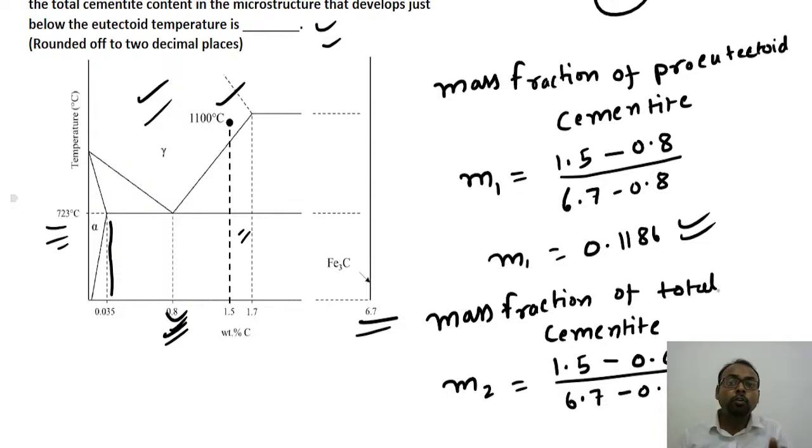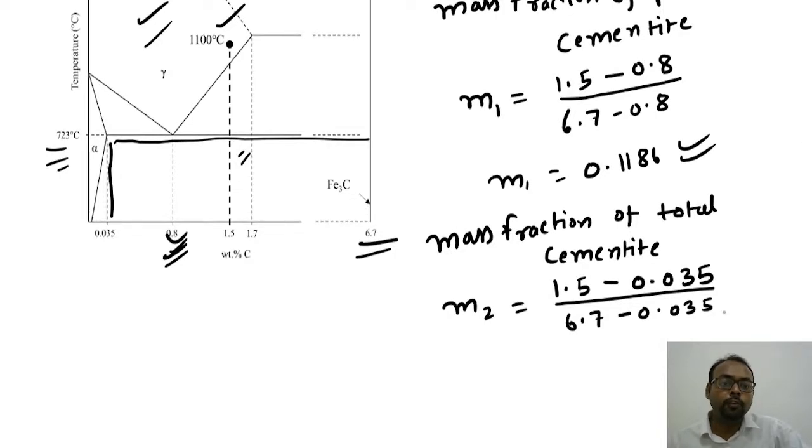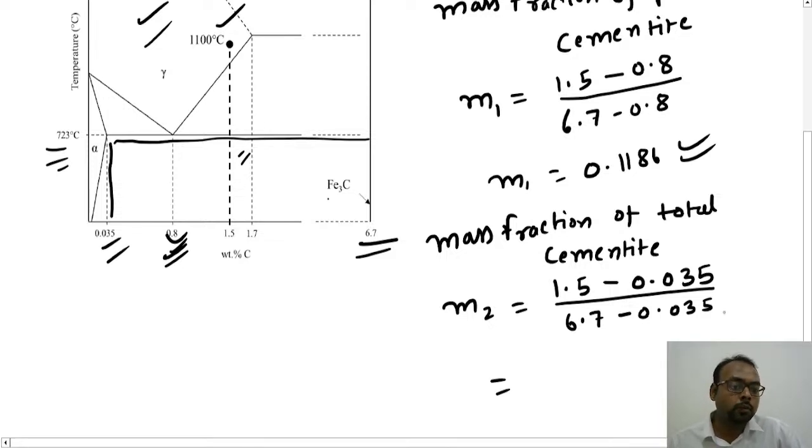So we are trying to find out the total cementite content up to here. What is the percentage of that? That is what we are trying to find out. So we can find this with the help of 1.5 minus 0.035 divided by 6.7 minus 0.035. This will give us the mass fraction of the total cementite, and that is 0.2198.